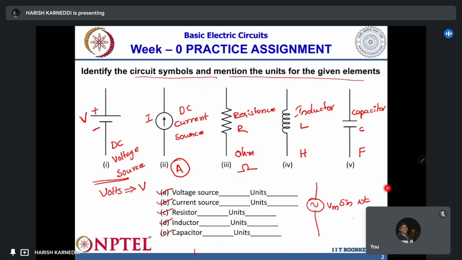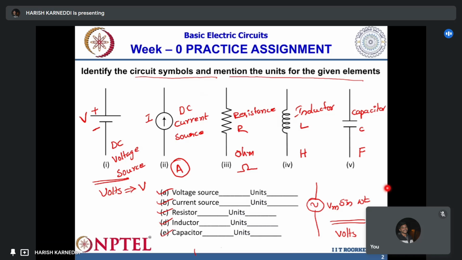The units remain the same, whether it is a DC voltage or AC voltage. It's volts. I hope this question is clear.